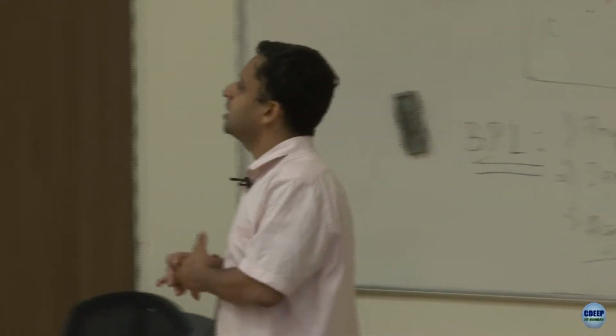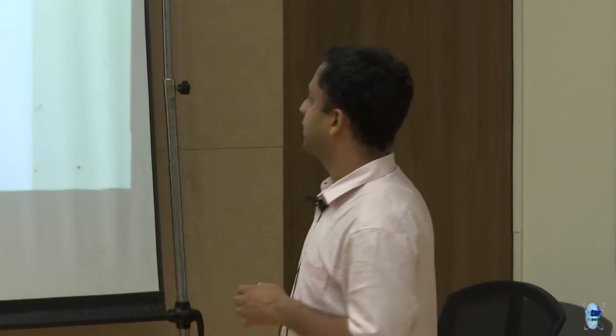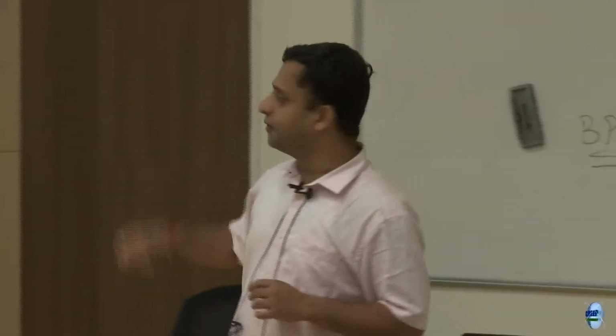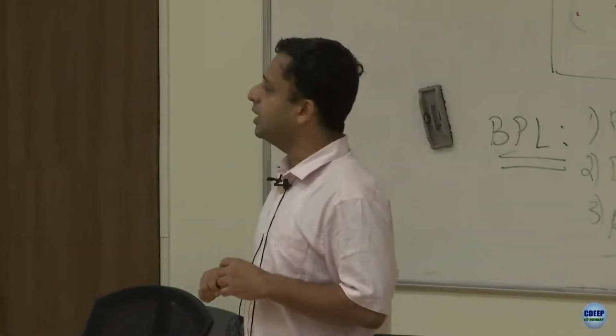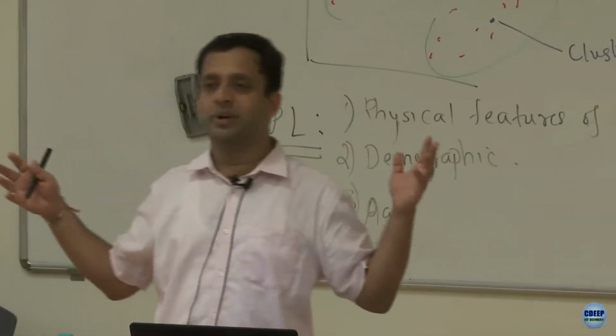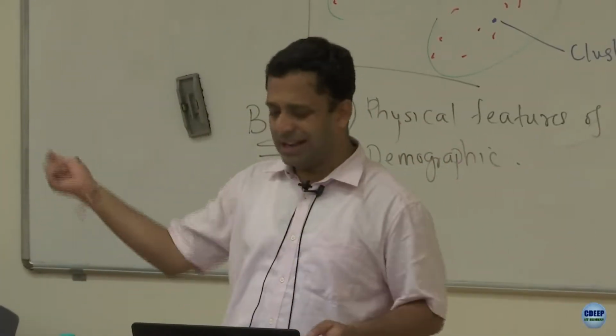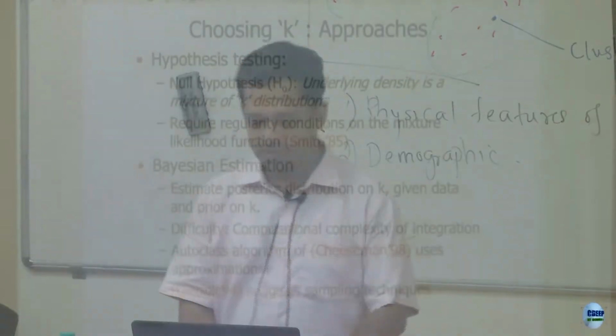But if the data is not sparse at all, if it's too thick, then you may want to decide, well, let the data tell me how many clusters I should have. But that's not very often the case. And often it's done interactively. So often you look at the clusters and then decide, no, 5 is too many, I should have reduced it to 3, and I'll just show you a demo of this.